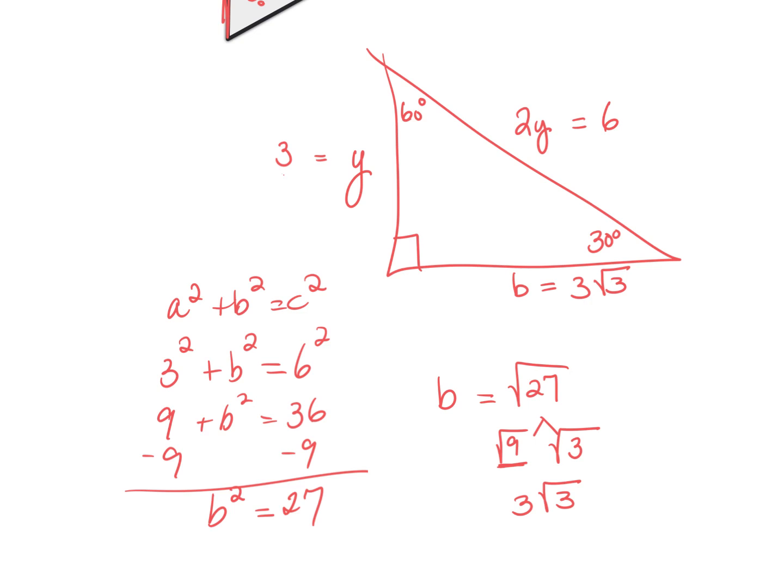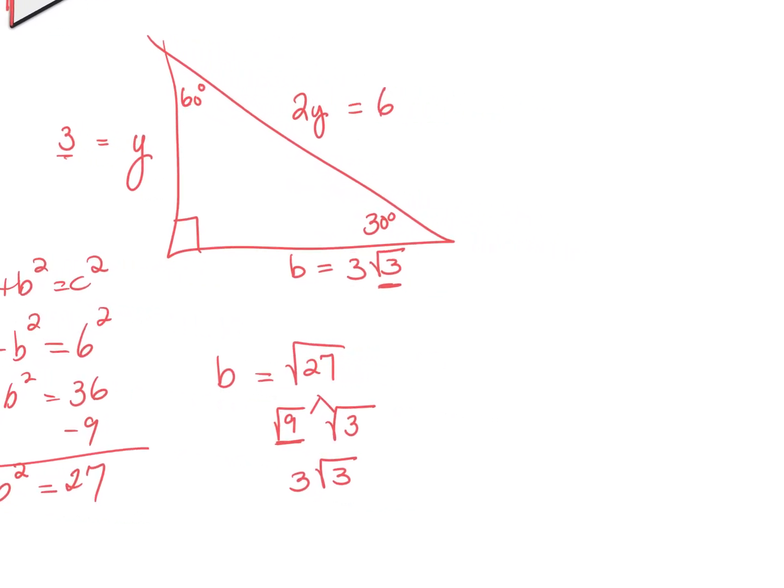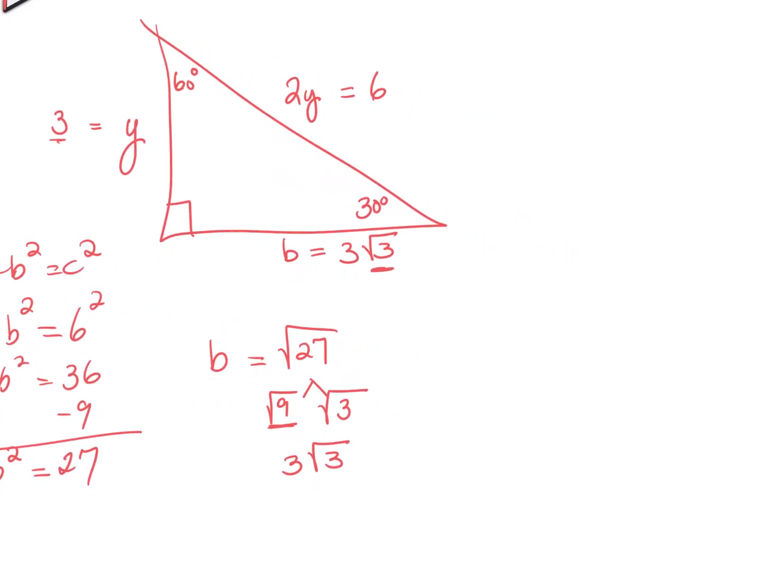So it doesn't have anything to do with the number, the square root of 3 will always be there. So just to show you another example, we'll use 5. If my one leg is 5, I'm looking for b, that would mean my hypotenuse is 10. So this is 25 plus b squared equals 100.